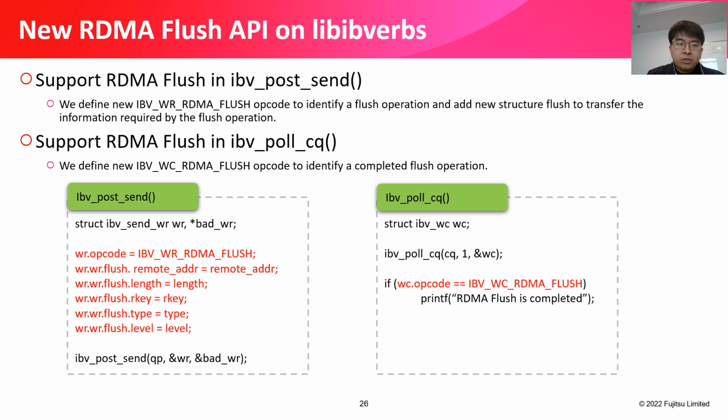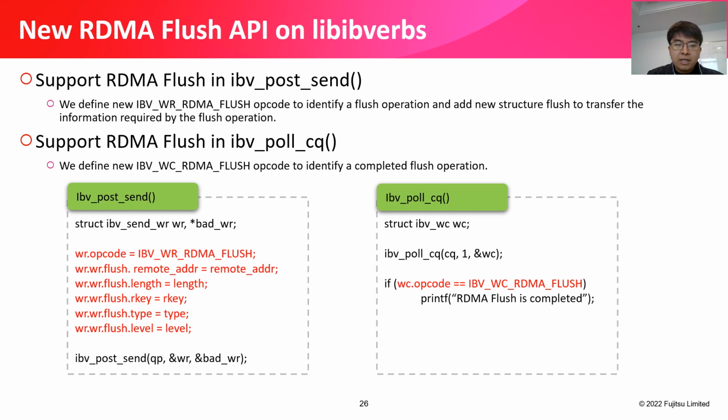How to implement a new RDMA flush API on libibverbs. To support RDMA flush in ibv_post_send, we defined the new IBV_WR_RDMA_FLUSH opcode to identify a flush operation, and added a new structure flush to transfer the information required by the flush operation.